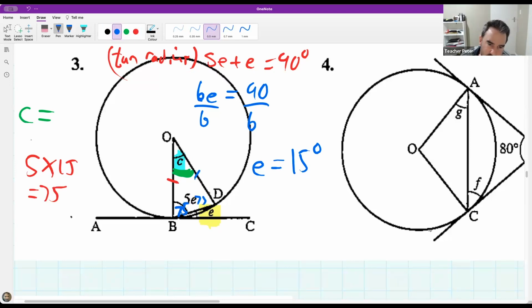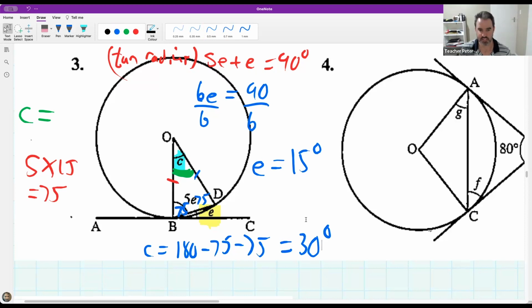But because this is 75, then C is going to be 180 minus 75, which is 30. And so the angle C here is going to be 30 because these two are equal.